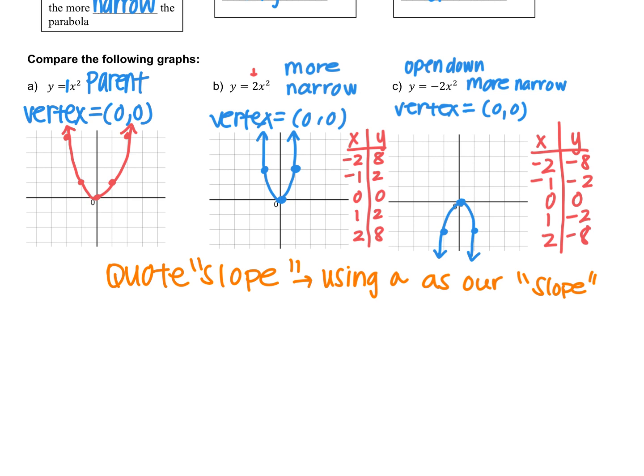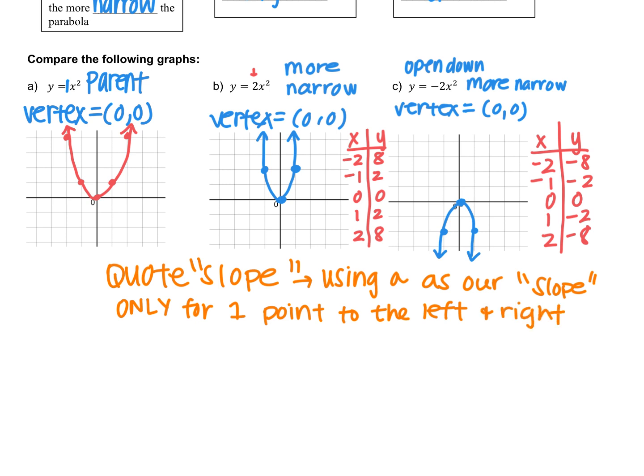Now here's the deal with quote slope though. Quote slope has some parameters. Quote slope is only for 1 point to the left and right. You'll see.